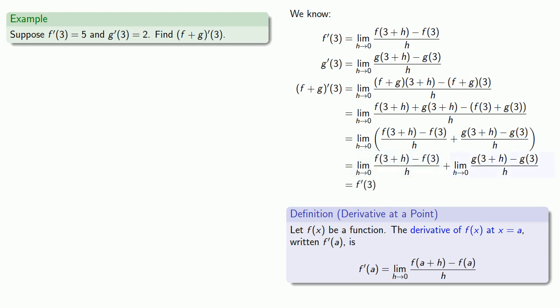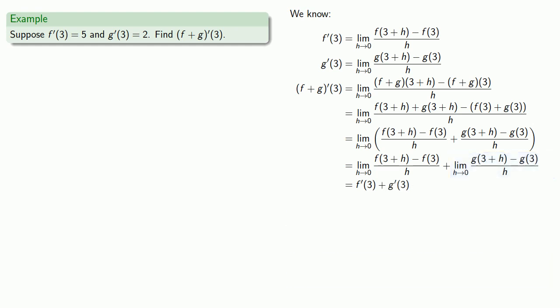Likewise, the second term is the limit form of the derivative of g at 3. And so what we have is f prime of 3 plus g prime of 3, and fortunately I already know what those are, and so that's going to be 7, and following the chain back to its starting point, that is the value of f plus g prime of 3.